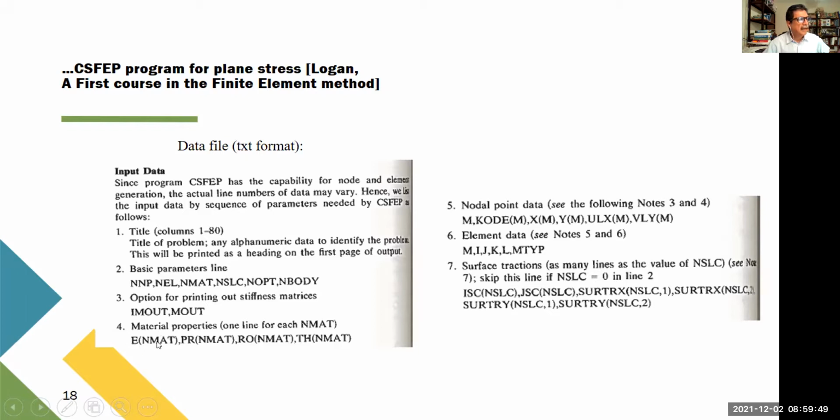People, tell me. E is for the Young modulus, exactly. This is Poisson ratio. Rho probably is the density. It is possible that they require this for all their calculations, because we don't use rho. And this is the thickness.